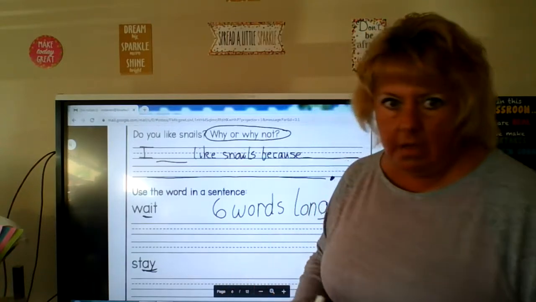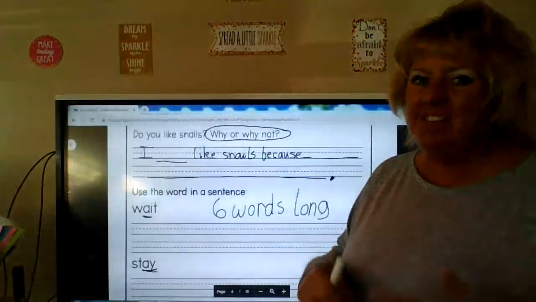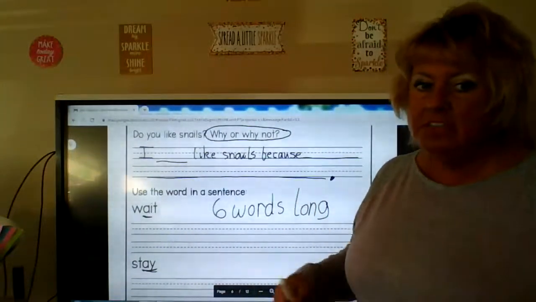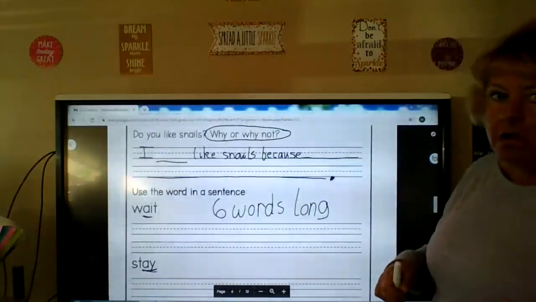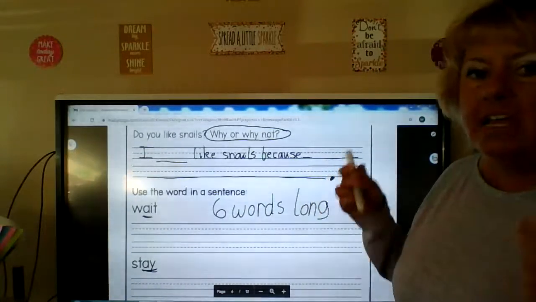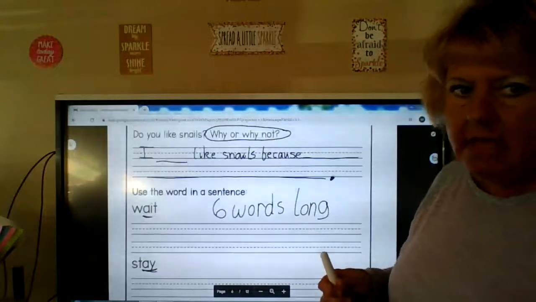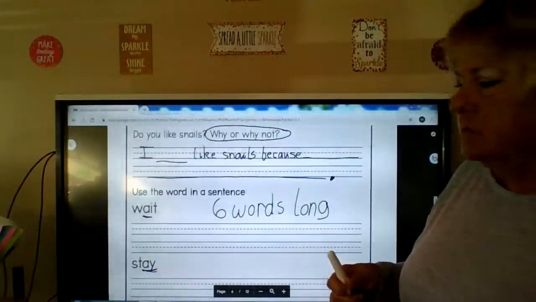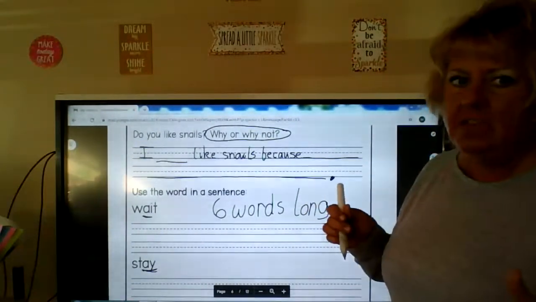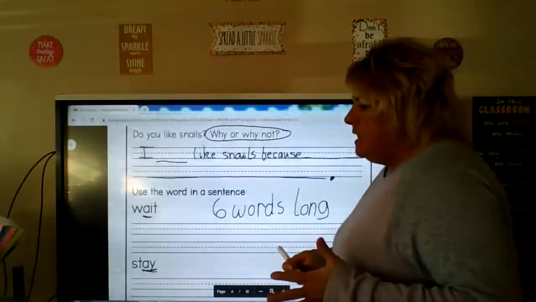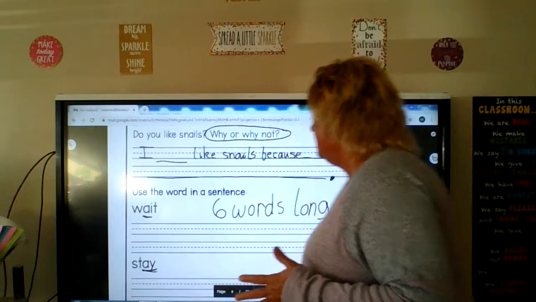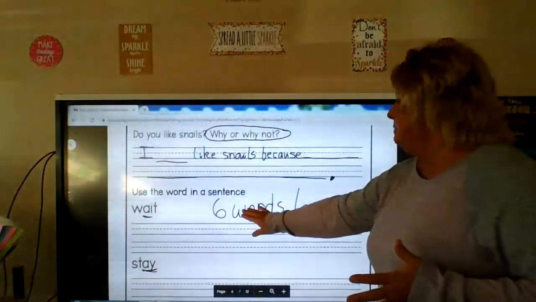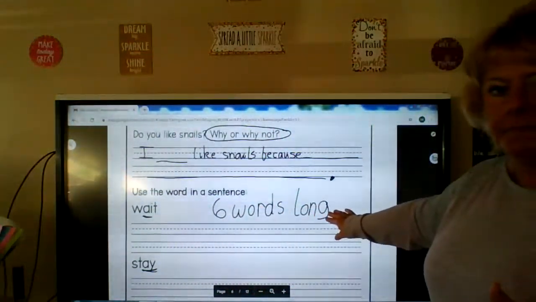Try not to start with I. Try to start with a name, or a dog or a cat. If that's the only thing you can think of, okay. So I need one sentence with wait, one sentence with stay. Has to be 6 words long.